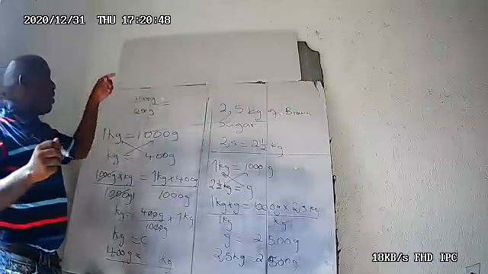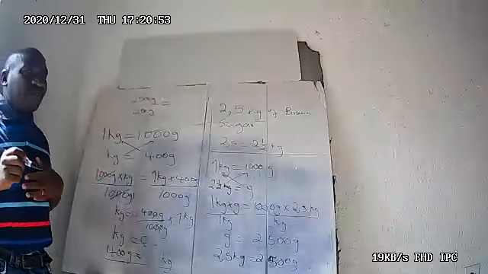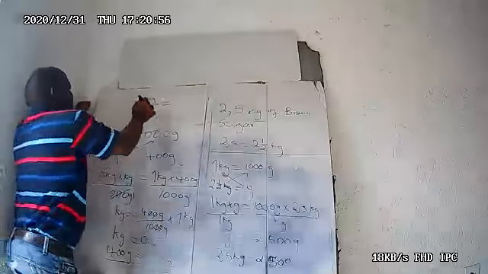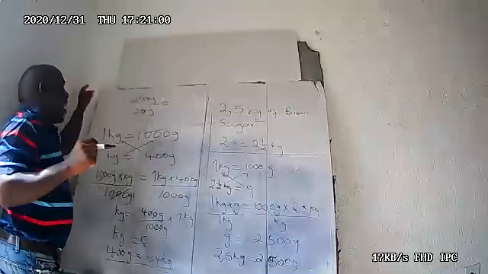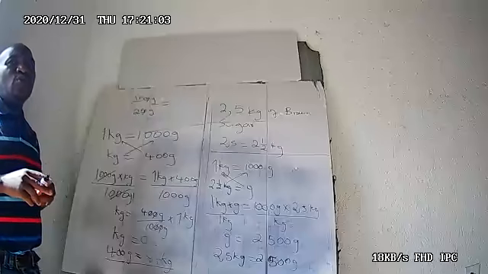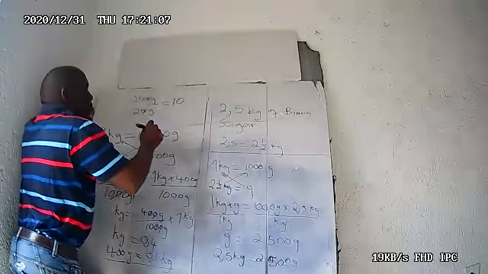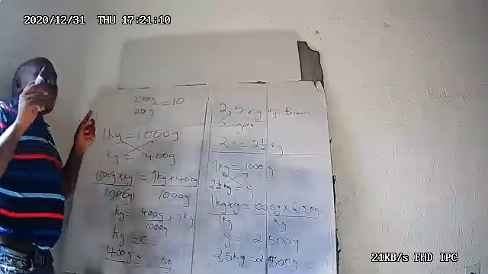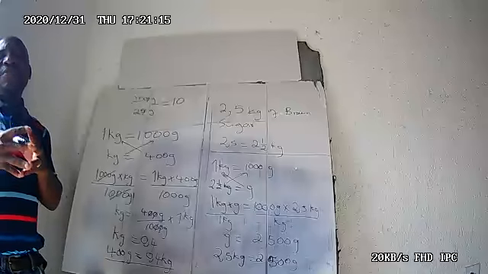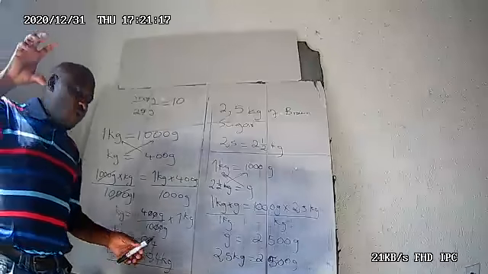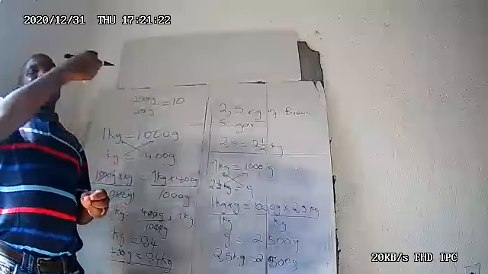Now, when we divide 2,500 grams by 250 grams, how many times does 25 go into 250? It goes 10 times. In other words, when we divide, we are going to have 10 repacked 250 grams. That is how we apply the metric units that we have learned.